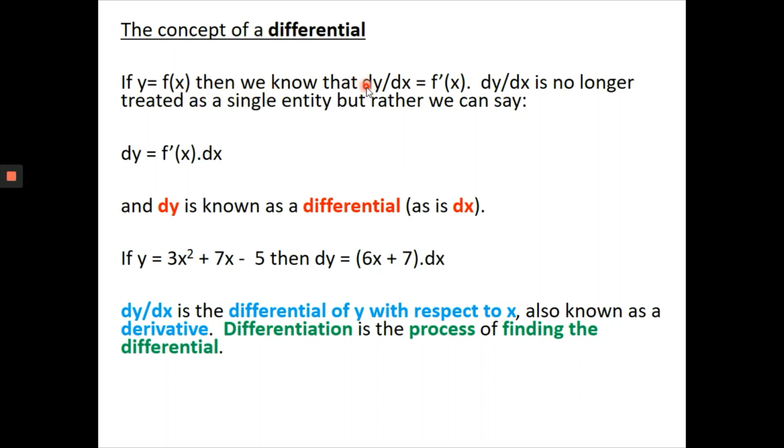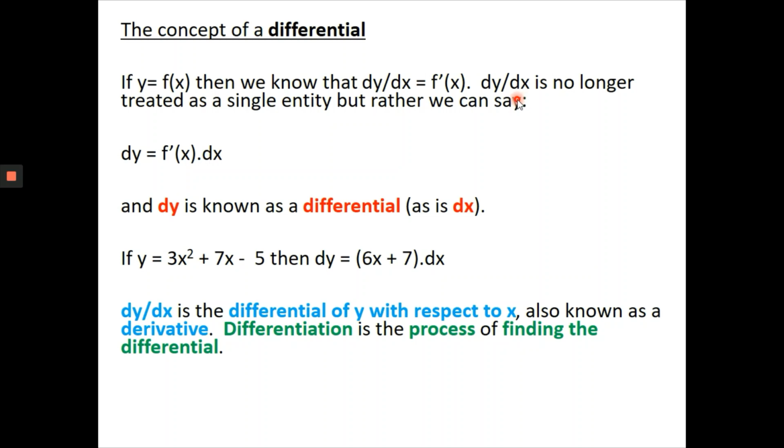and we have known how to go about calculating the derivative, which we can express using this notation or this notation. We are no longer going to think of dy over dx as a single entity, but rather as a ratio of two quantities.